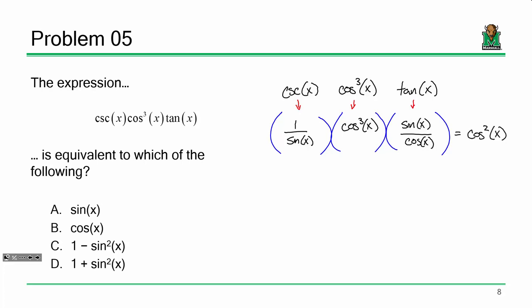Now, cosine squared isn't anything like one of these terms. But let's think about it like this. What's the most common identity that you remember in regards to the cosine squared?